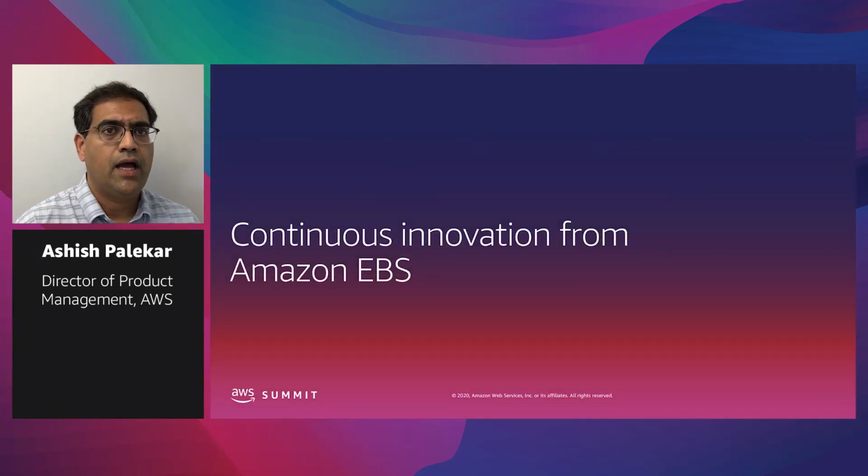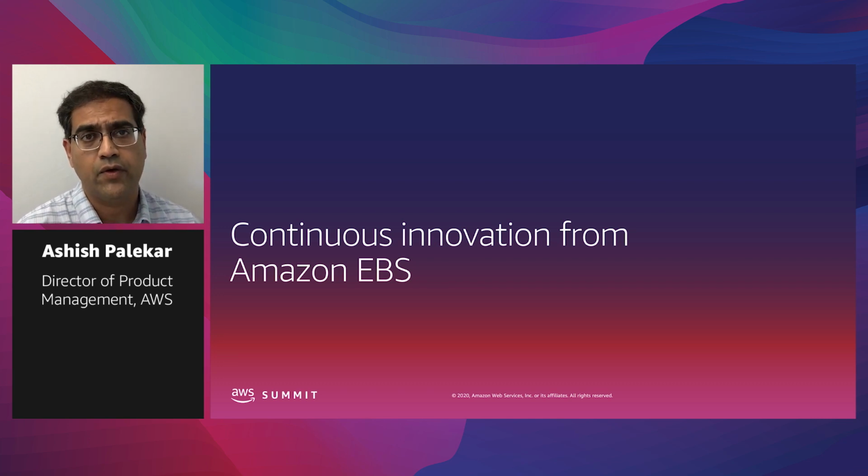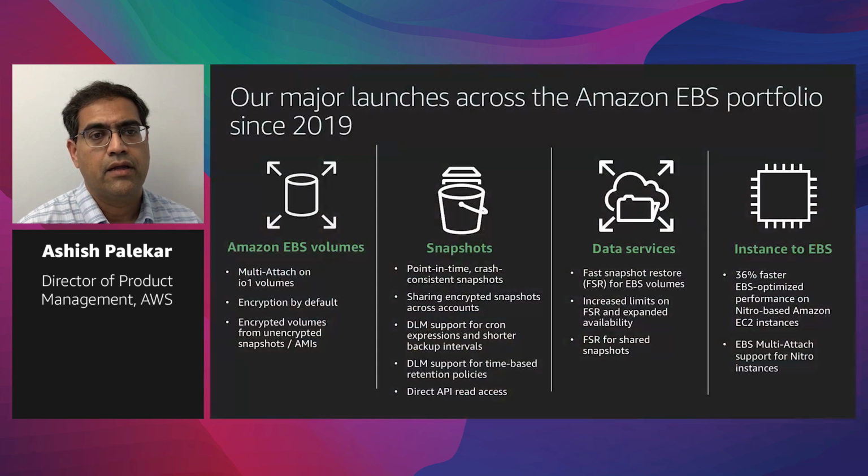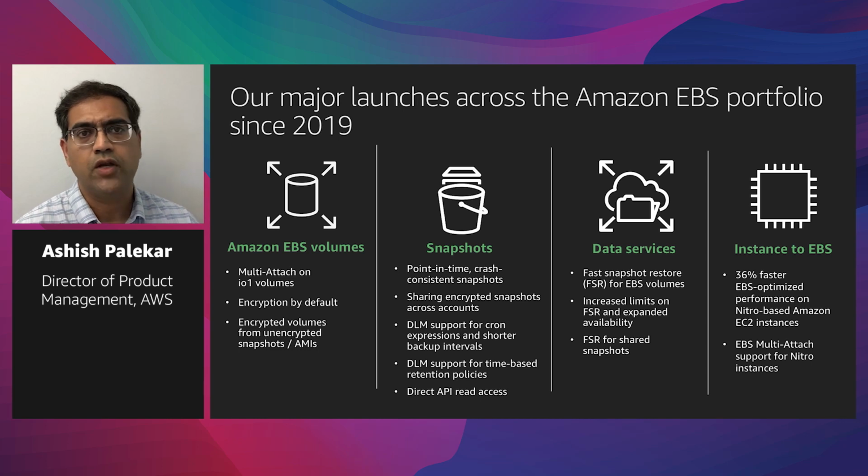So today, I'm going to touch base on all the things that we've been busy doing for you within EBS. This is all the launches that we've had in our service since 2019, right? There's launches in the volume bucket, there's improvements in the snapshots bucket, there's new data services that we've launched, and there is improvements in the performance between instance to EBS.